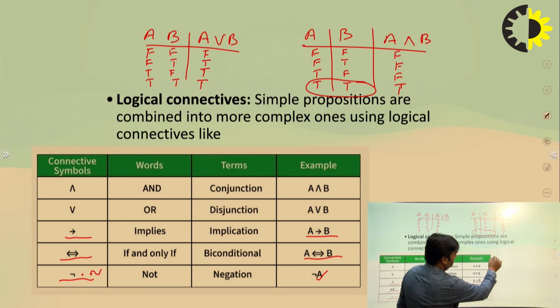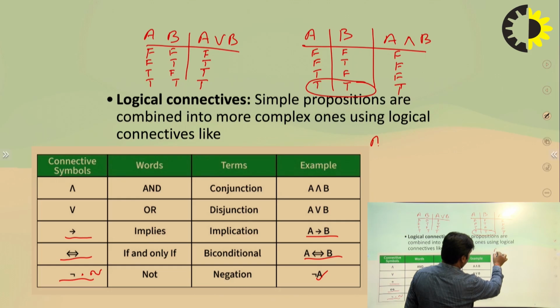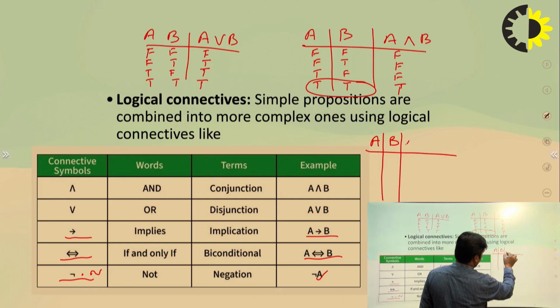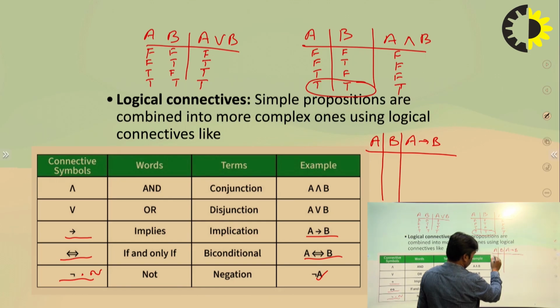So now we construct a table for A implies B. A implies B, false, false, true, true, false, true, false, true.